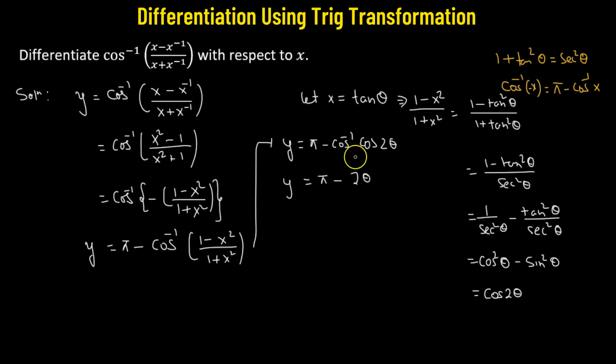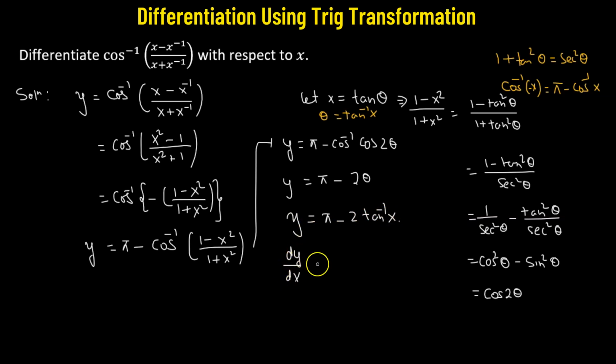Now since we considered x to be equal to tangent of theta, theta must be equal to tangent inverse of x, such that our expression now becomes y equals pi minus 2 times tangent inverse of x. Now we'll take the derivative on both sides with respect to x.